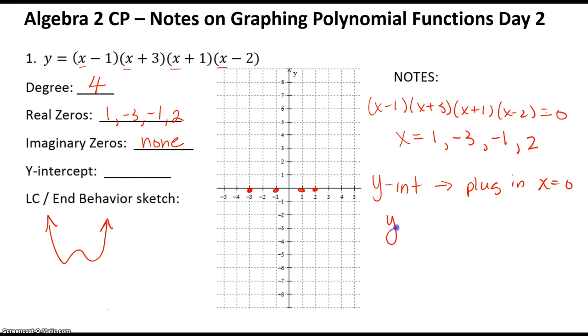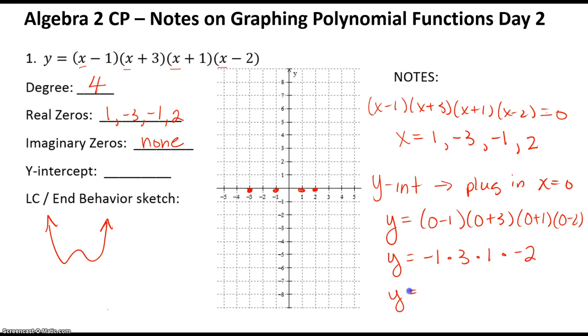So I would have y equals 0 minus 1, 0 plus 3, 0 plus 1, 0 minus 2, which gives me negative 1 times 3 times 1 times negative 2, which gives me a y-intercept of positive 6. So 0, 6.